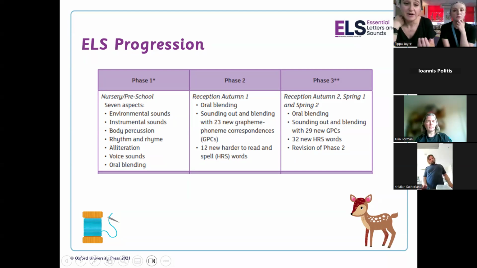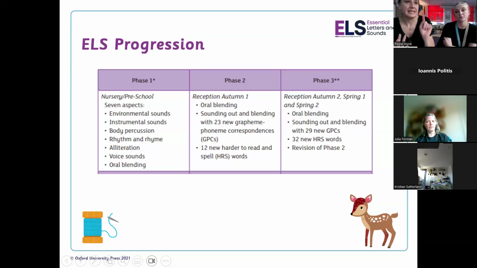So understanding environmental sounds, instrumental sounds, it's a really interesting thing. We did it at the very beginning of the year, and there are some really nice online games that you can play on things like Phonics Play, where you press a button and it doesn't tell you at all what it is, but you ask the children, what do you think you can hear? Some of their ideas are wildly different to what we probably know is the sound.